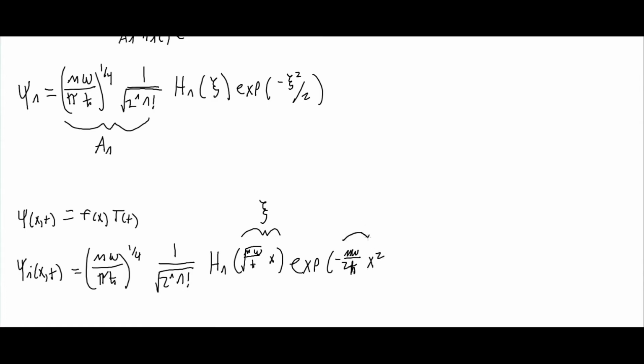So this is our minus xi squared over 2. And so we have that, and then we have the time exponent here, which is minus i times n plus 1/2 omega t.